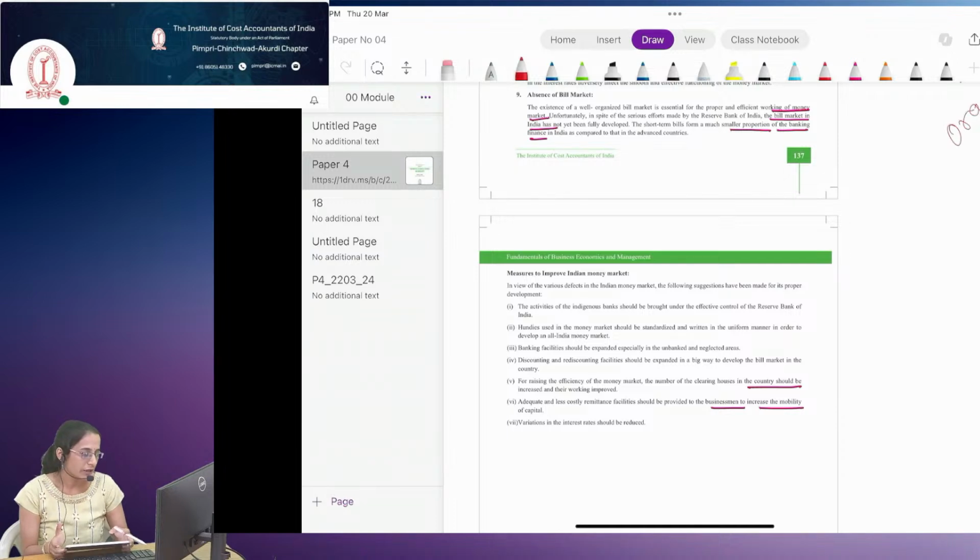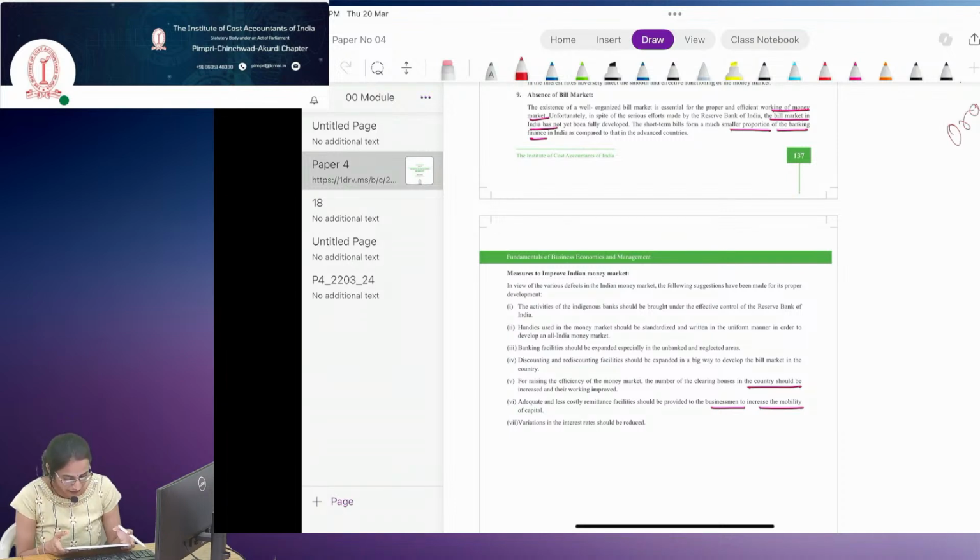Now we saw what were the defects in the Indian money market. So there should be certain measures taken by the government so that these defects reduce and the money market in India grows. So what are these measures which will be taken by the government?